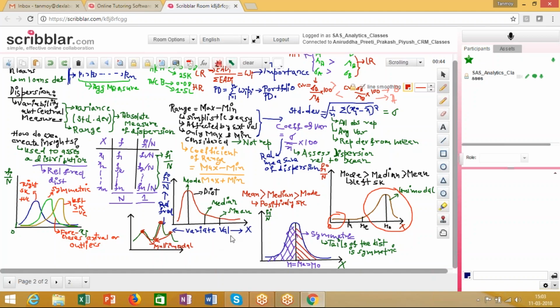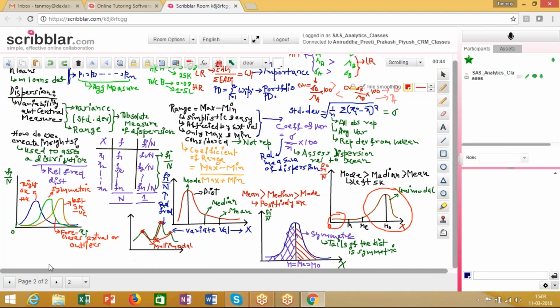Great. Having said that, the next part that we talk about is the basic concept of skewness, right? A basic formula or function which can be used to understand skewness.